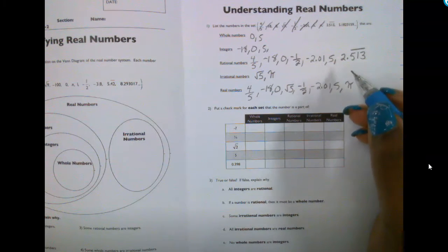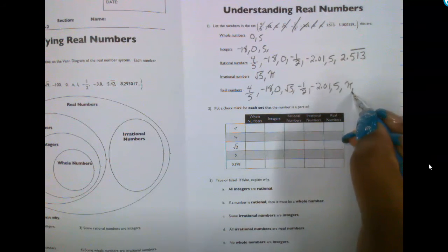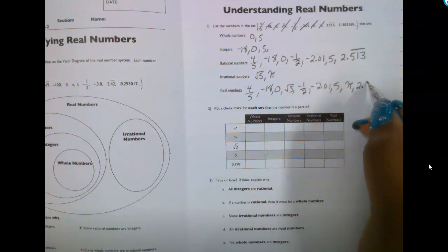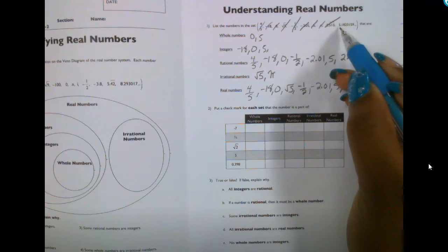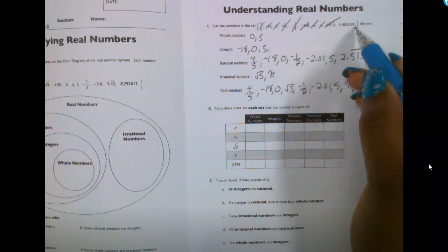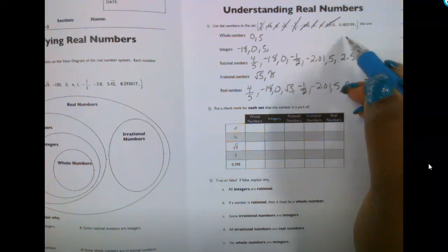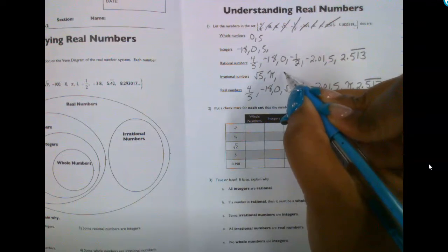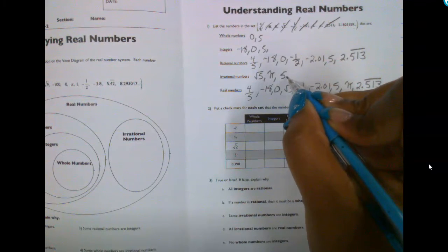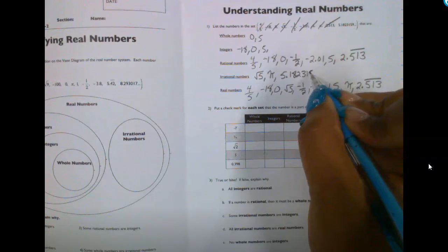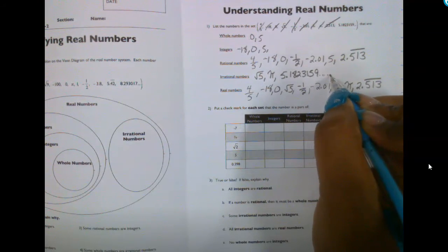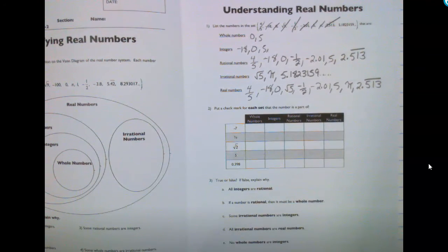Okay? So it is also a real number. It cannot be irrational. A number can't be both rational and irrational. This last number has the dots at the end, which means we don't know what number is coming next. It's a non-terminating decimal. So that goes here with irrational numbers. Dot, dot, dot. We don't know what number is coming next.